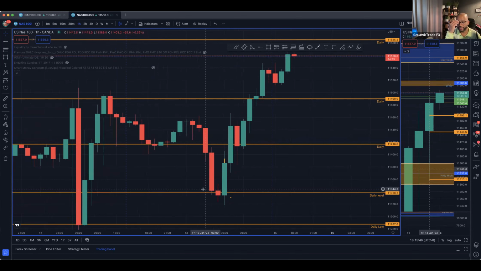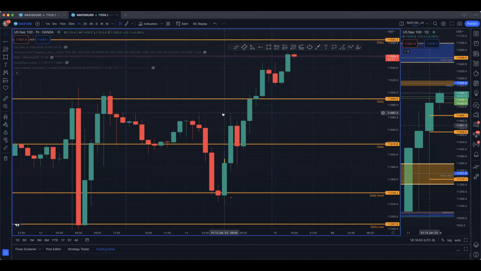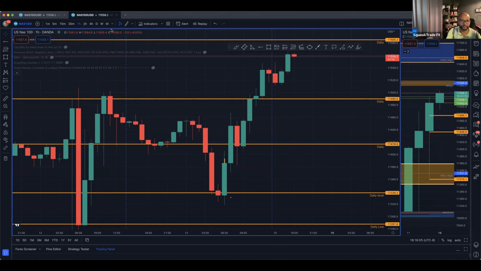And I'm thinking, how the hell are we going to have an entire day pushed down so deeply without a wick on the daily? That is rare. Look at this one here. This is a 1 hour. So on the daily, these are 1 hours. So there was no top wick. If I look at the daily, I wish I could do it, but I can't rewind it and show a daily print.